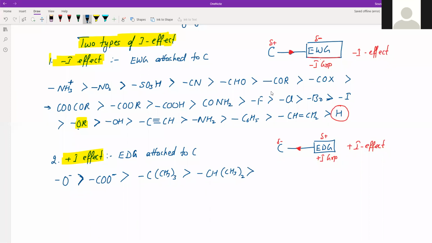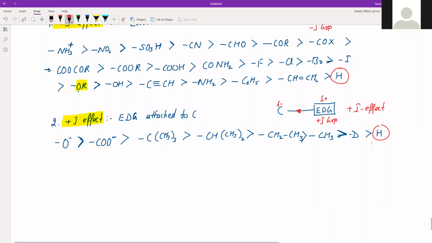The alkyl groups are always like that, or you have CH2CH3, or just CH3, or deuterium. And then again here our reference point, that is hydrogen. So what is the pattern here, or if there is some pattern or not, we'll see that.